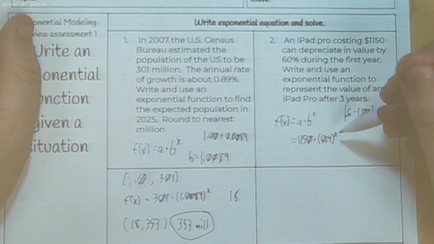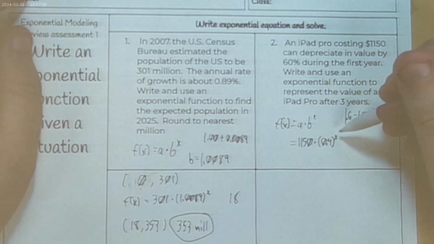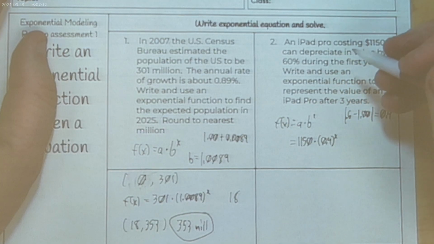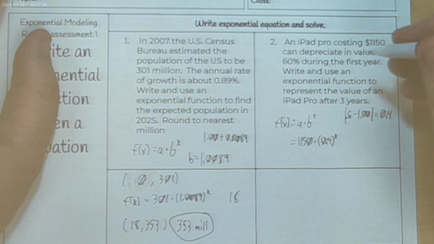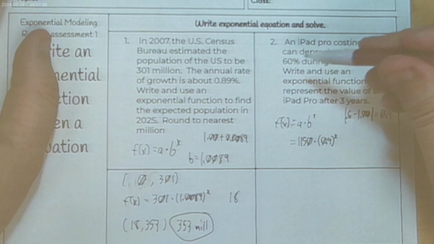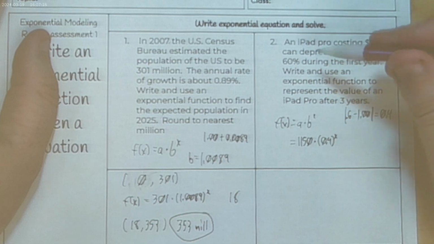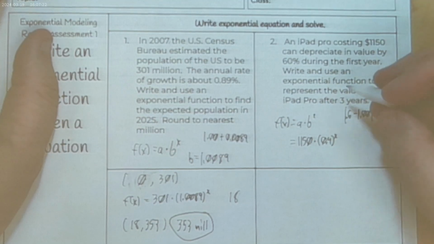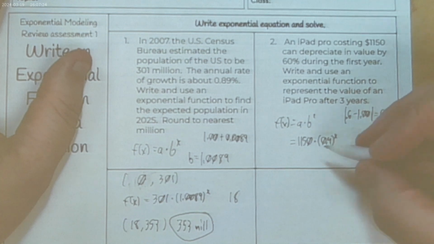But if x equals 1, that means that we only have 40% of the original value left after 1 year. If we only have 40% left, that means that we lost 60%, which makes sense because that is a 60% decay rate. So now we've got our initial value, we've got our decay rate.